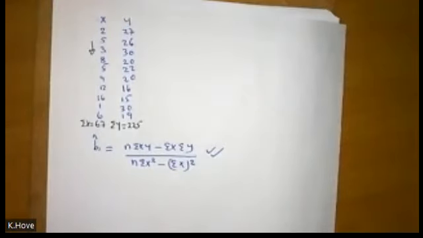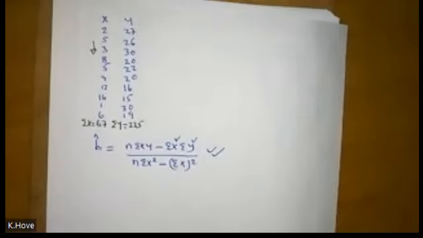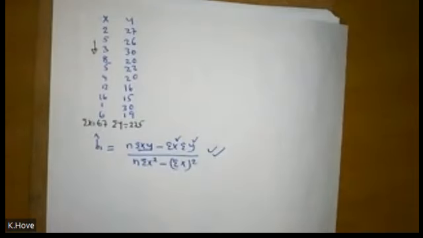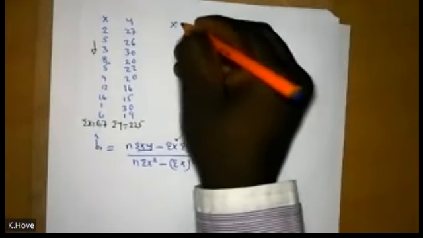Now, what is the next? We've managed to find summation of x and summation of y. But where is summation of xy? Summation of xy, you must first of all get the product, which is xy.